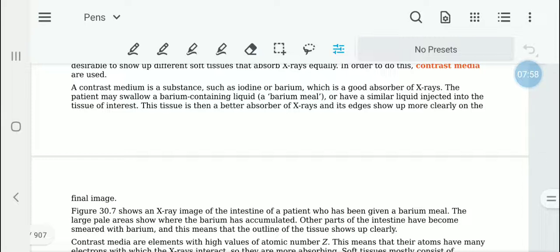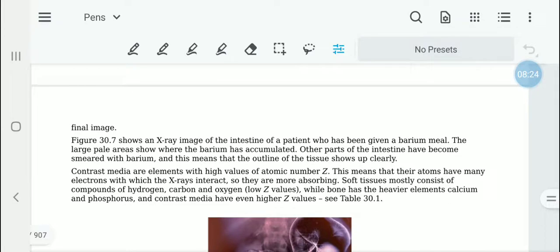So if you swallow a barium liquid or have a barium meal, then barium would go into the tissue of interest, and it would become a better absorber of X-rays, and as a result its edges would be shown really clearly on the final image. So these are the things that have been done to improve the quality of the X-ray.